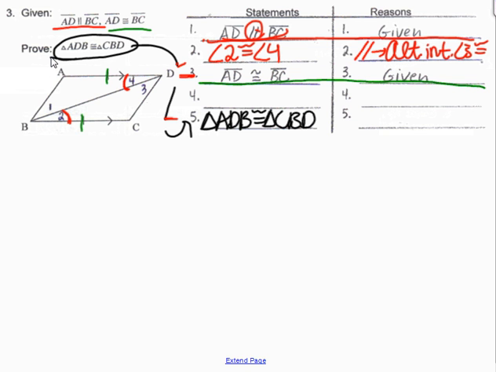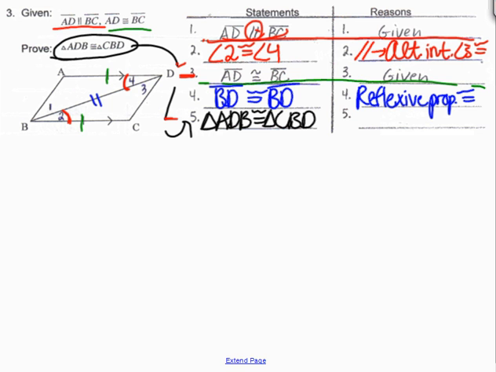In this case, I see that they share a side. So I'm going to write BD is congruent to BD by the reflexive property of congruence.